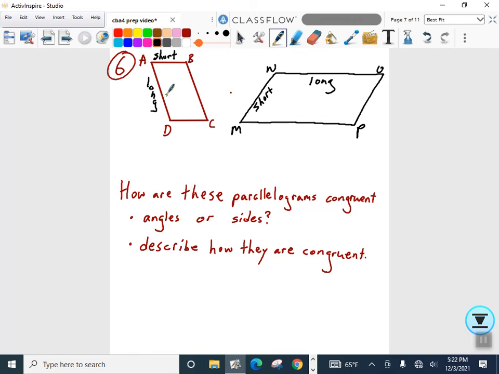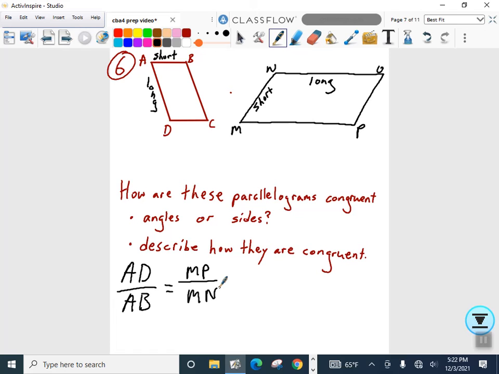So I could say AD divided by AB equals MP divided by MN.